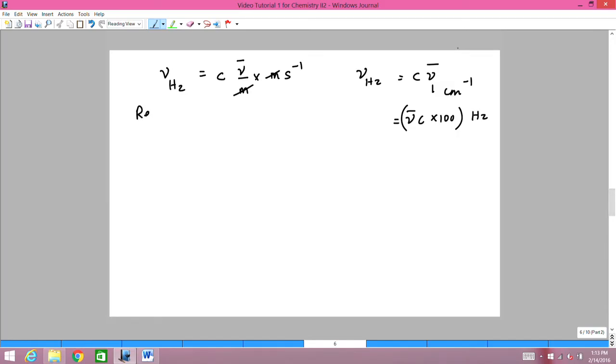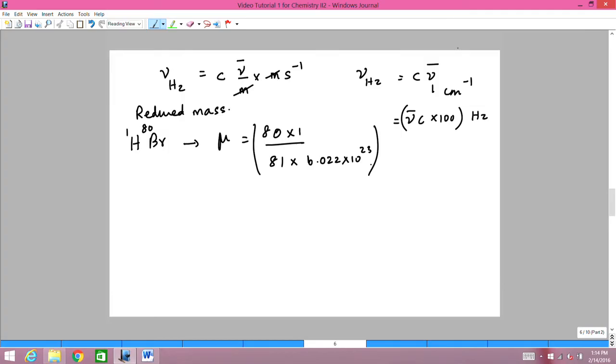What about the reduced mass? For HBr, if you use the atomic masses simply as 1 and 80, I am not worried about the details, you can actually put the exact number, but the process is 1 and 80, then the reduced mass is 80 into 1 divided by 81, M1 plus M2, and this has to be divided by 6.022 into 10 raised to 23 to get the mass of one molecule in grams.